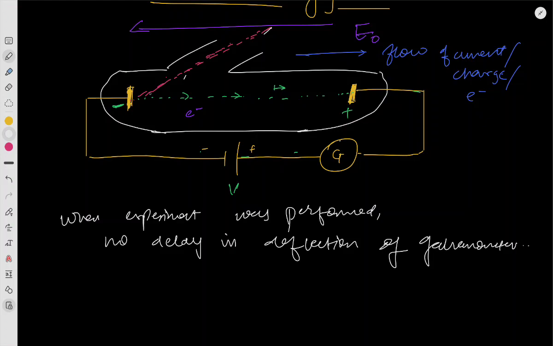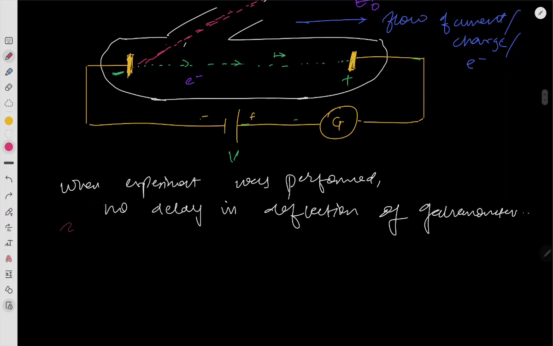And a wave has an amplitude kind of thing. Even if we assume the light to be a ray, then how can the bombarded electrons reach so fast? And hence came the emergence of the photoelectric effect that we are going to study now.